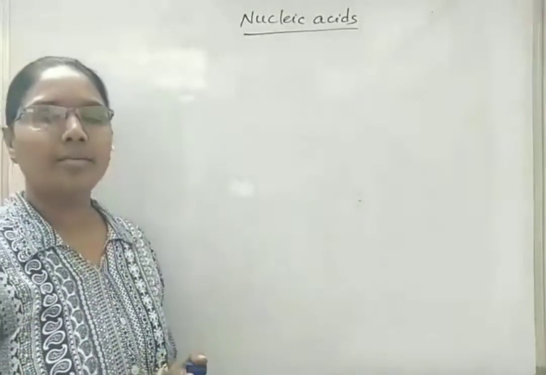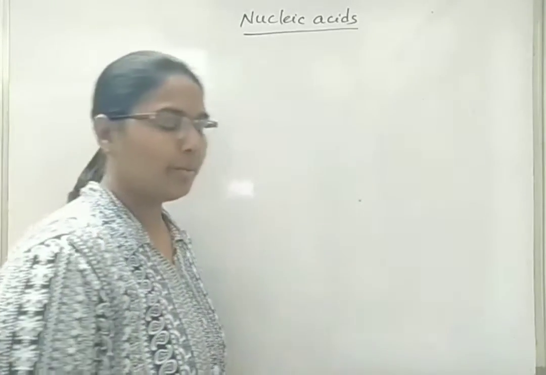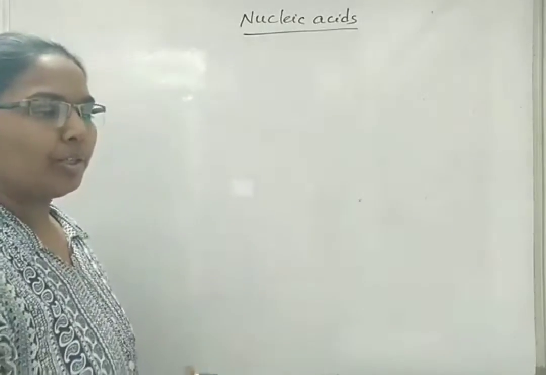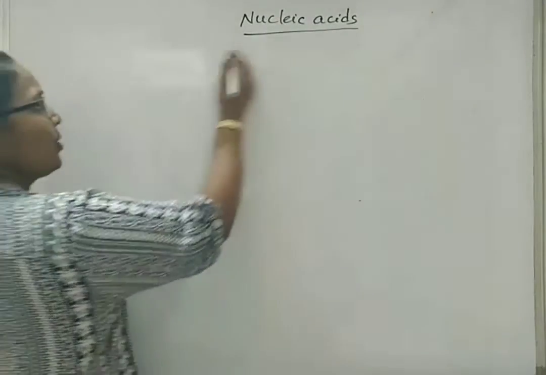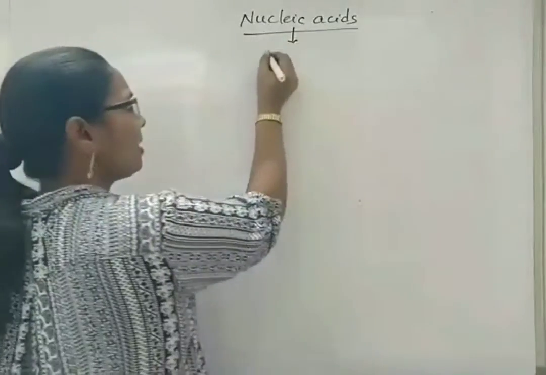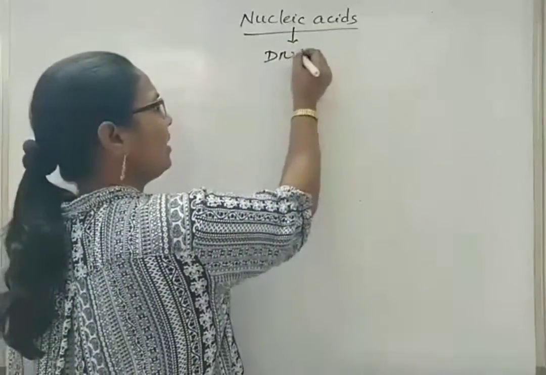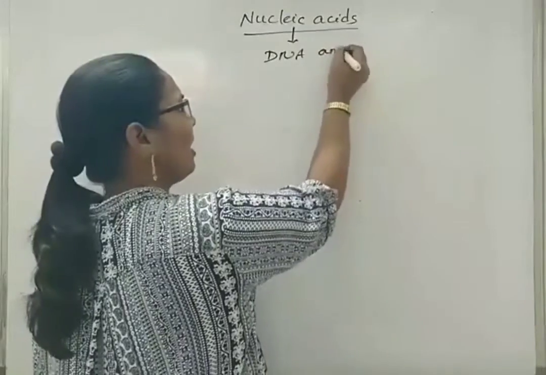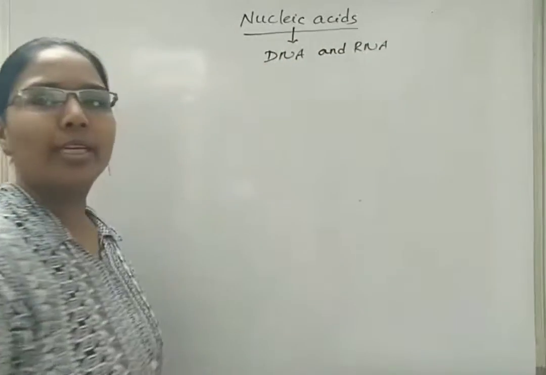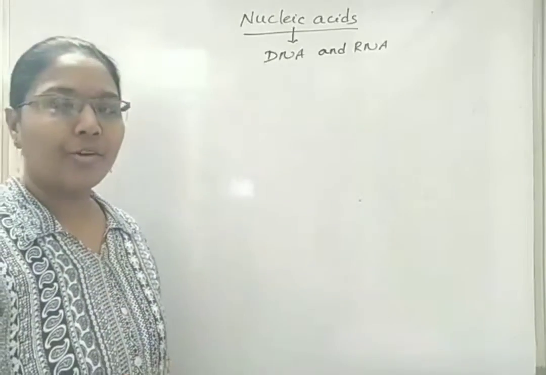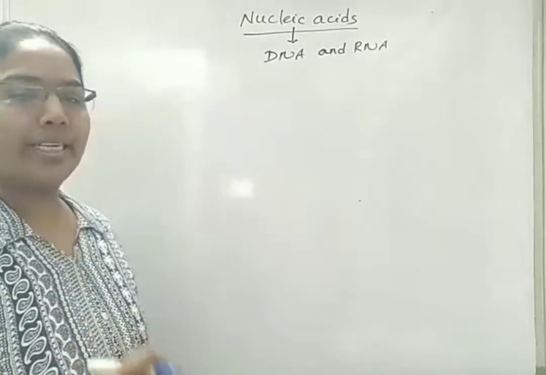Hello students, now I will start a new topic about another type of biomolecule in the biomolecules chapter, that is nucleic acids. So nucleic acids are nothing but DNA and RNA. If we come to the definition of nucleic acids, these are formed from nucleotides.